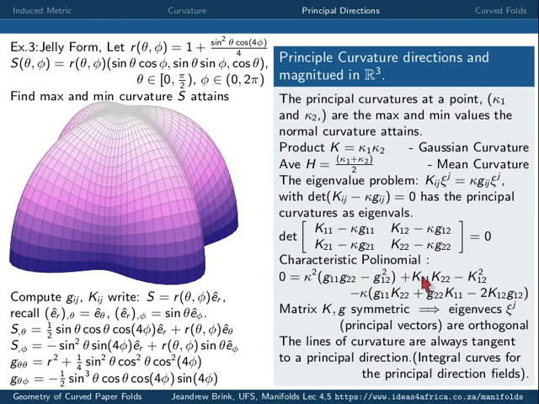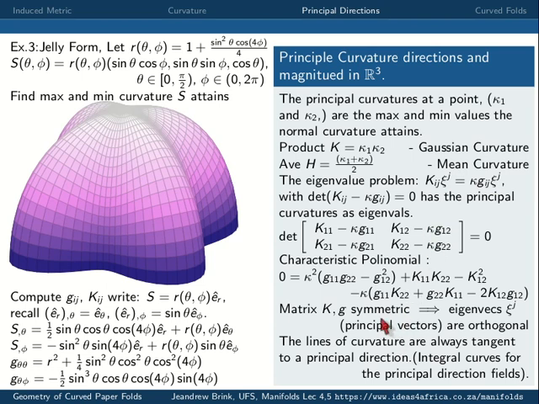And this characteristic polynomial is quadratic in kappa, and here are just the determinant of the metric plus the determinant of the curvature tensor, or curvature matrix, plus this cross term, and that you need to set to 0 to actually get kappa. And you always get two solutions. Okay? And then once you've got kappa, you can go back and find vectors for which this holds true. Now, this is the cool thing.